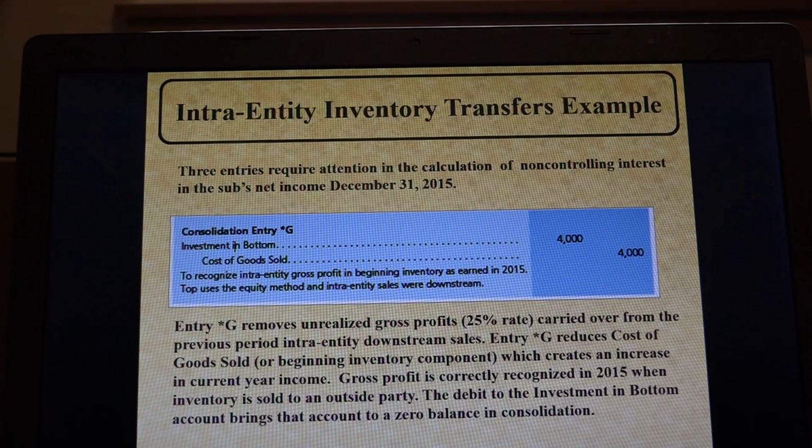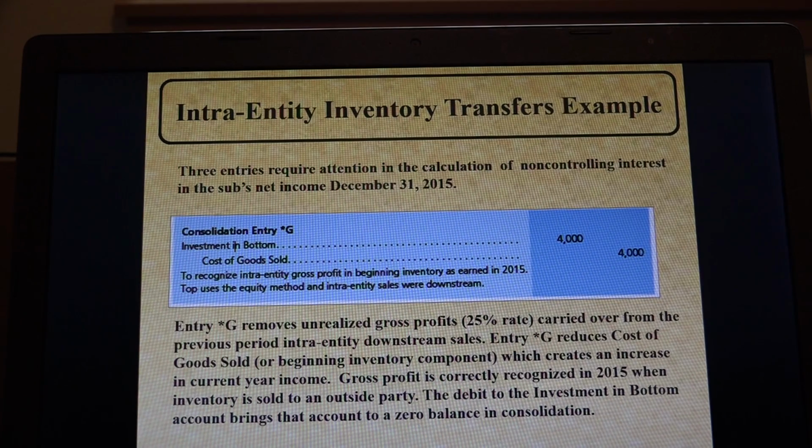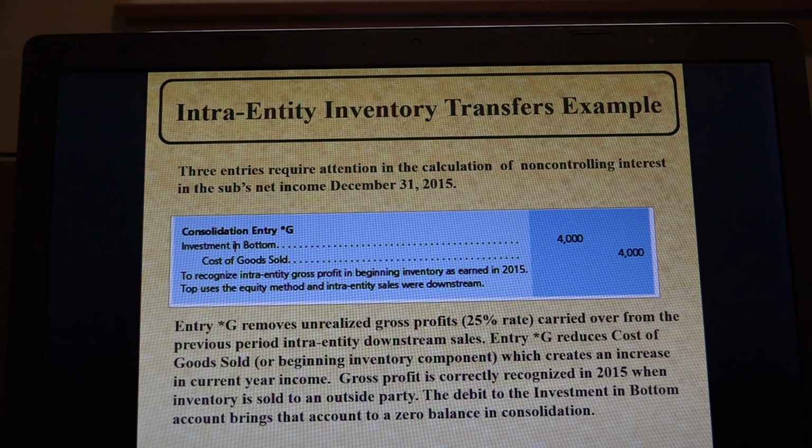And so here are the three entries that we have to make. We have to make an adjustment on December 15, this star G, to Top's records.